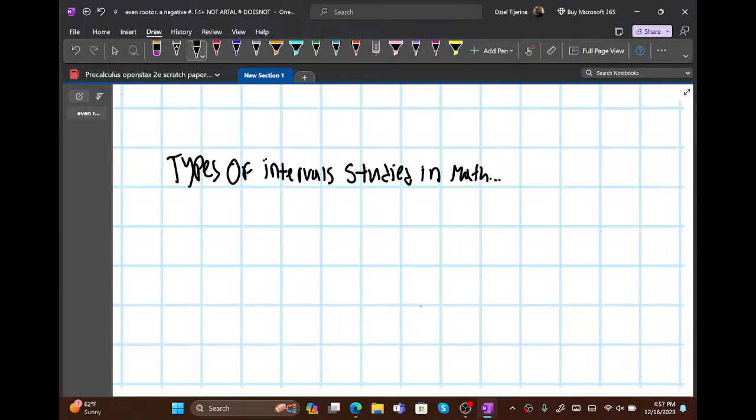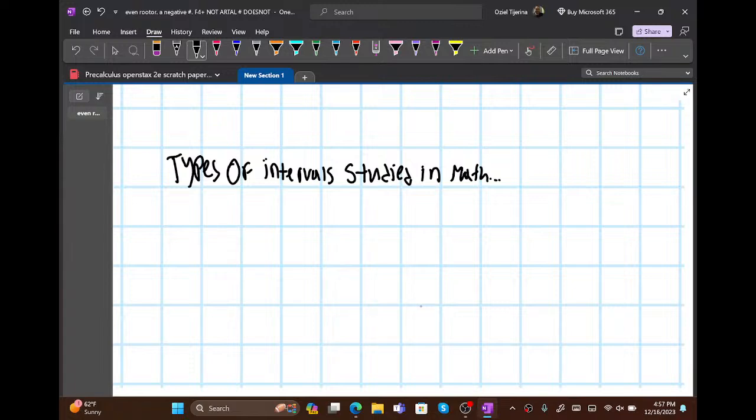Here we're looking at types of intervals that are studied in mathematics, specifically in algebra, and beyond that.